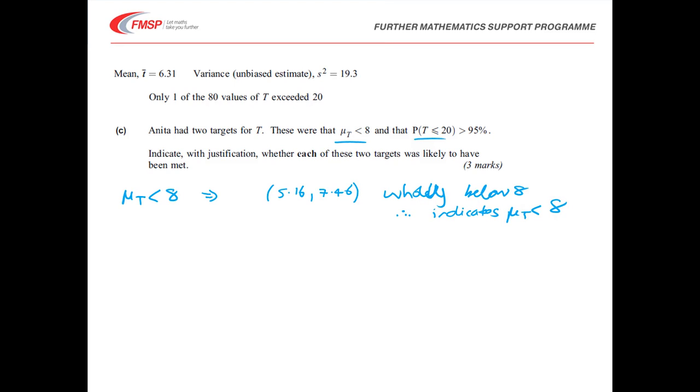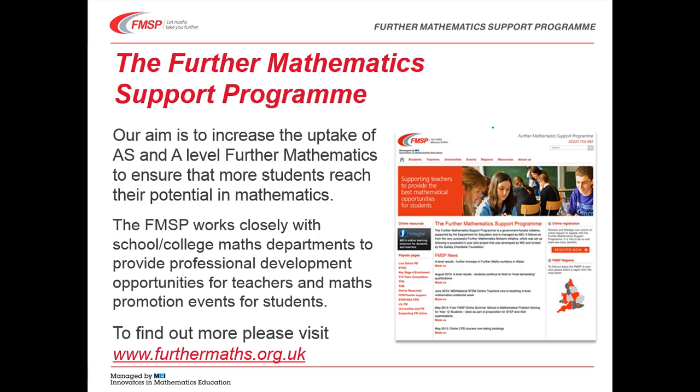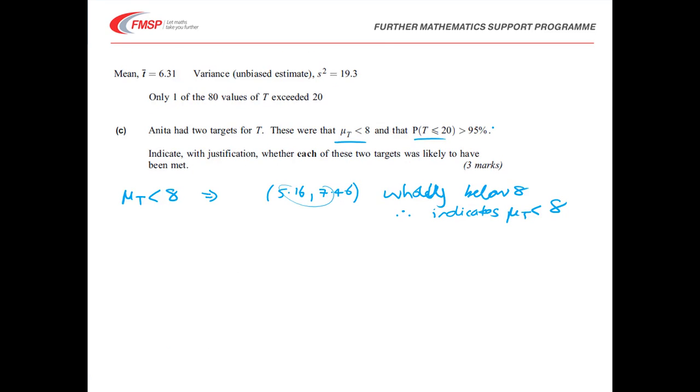Now let's look at the other one. So let's turn it round. What we have here is the probability of t being less than 20 being greater than 95%.